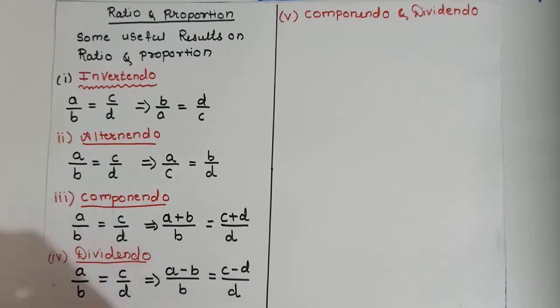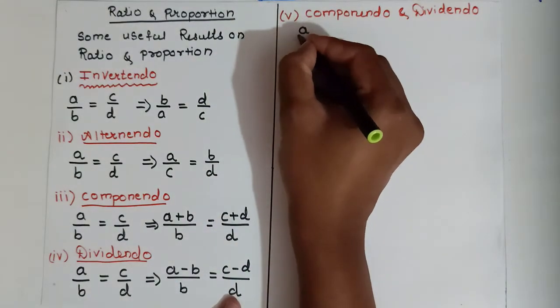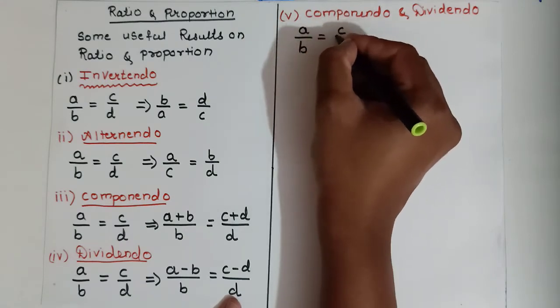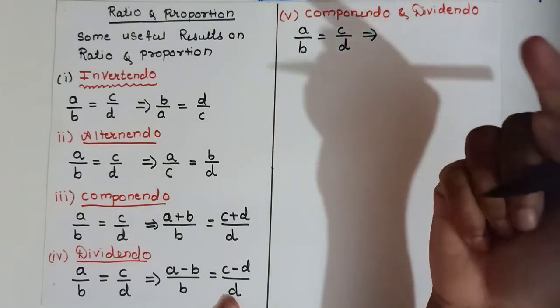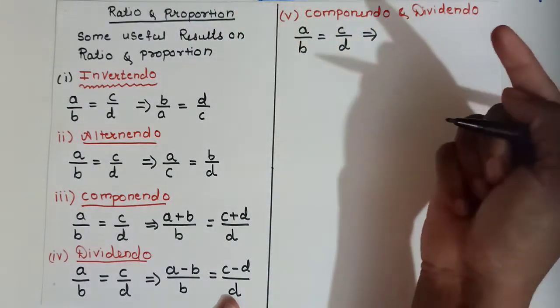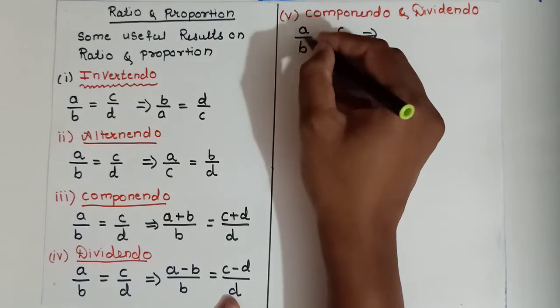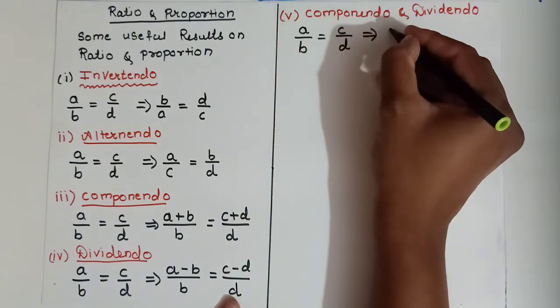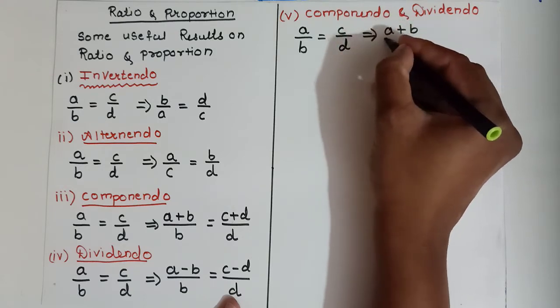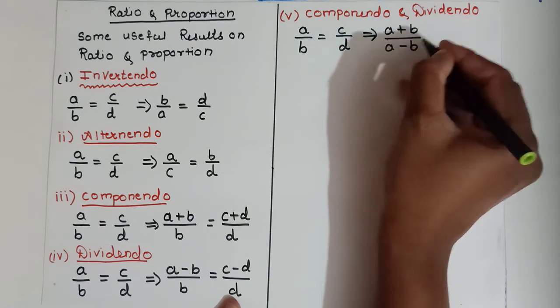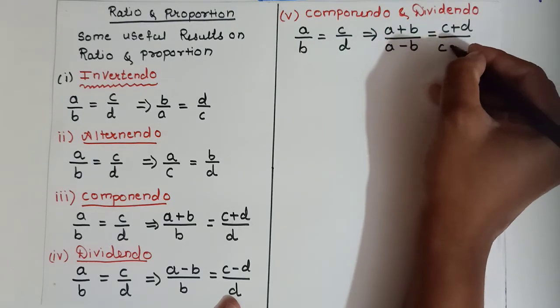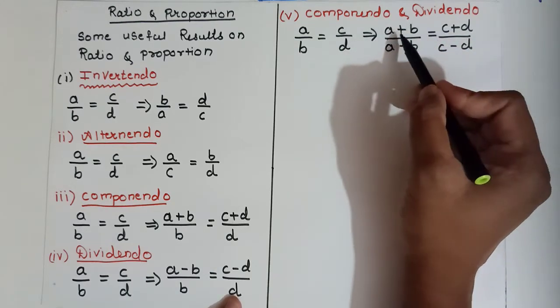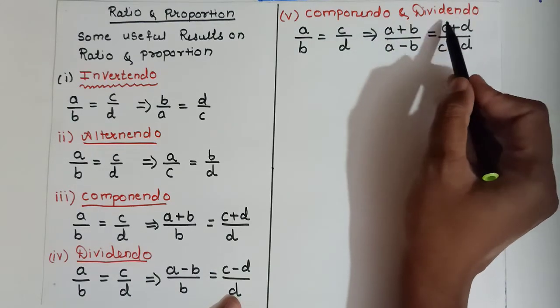If the terms are in proportion, like A upon B equals C upon D, we apply both properties. Componendo means addition, dividendo means subtraction. So it will be A plus B divided by A minus B equals C plus D divided by C minus D. Here we have applied addition and also subtraction.